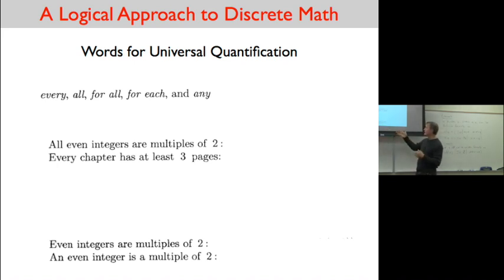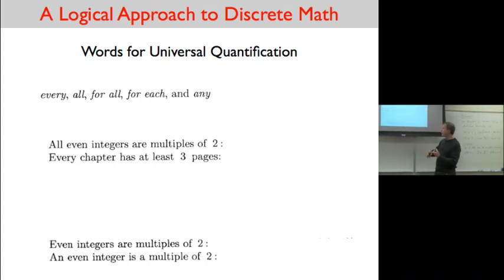Some people say for each. Some people say any. Whatever your personal preference is, I've been saying for all, but all these other words work the same way: every, all, for each, and any. There's even another word that should be up there, an. Or a.